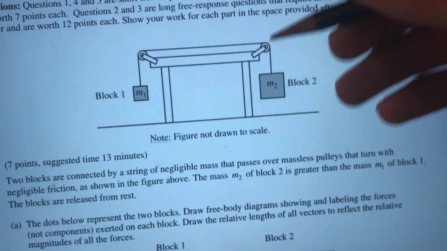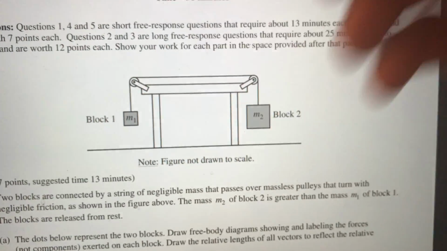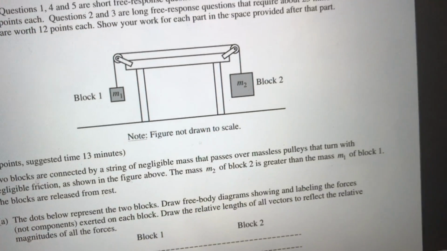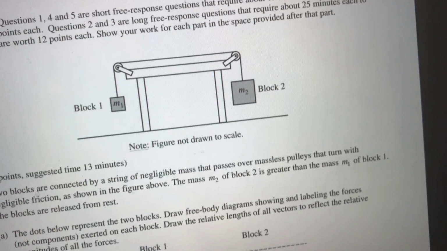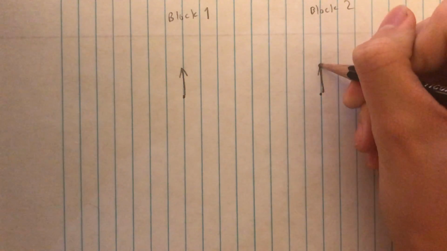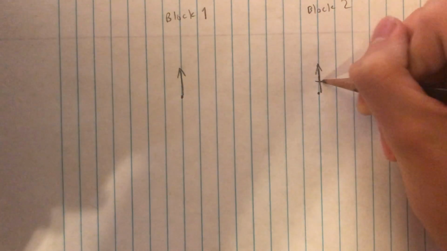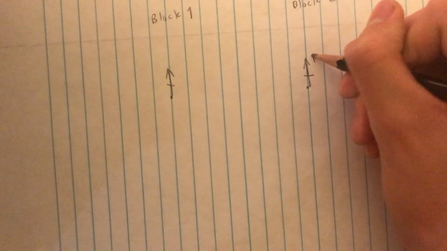So this length is the same as this length. From that observation, we can determine that the force of tension on both blocks is the same. So we'll indicate that by drawing two arrows of the same length to indicate equal forces of tension.